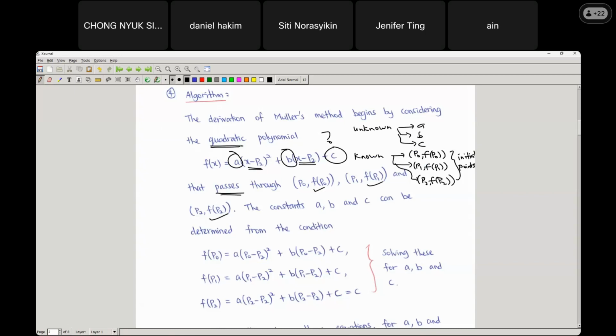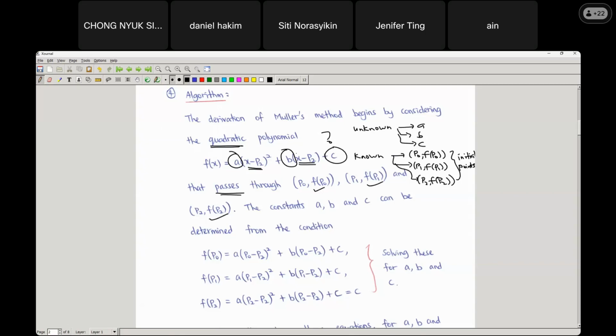You need to find three unknowns, and we have three initial points that can help us find the three unknowns a, b, and c. How are you going to do it? Substitute each initial point into the equation, starting with the first.